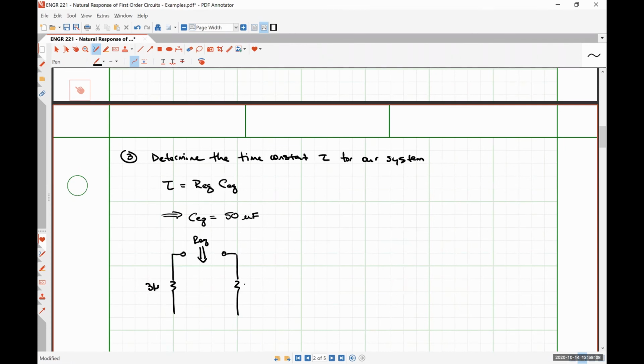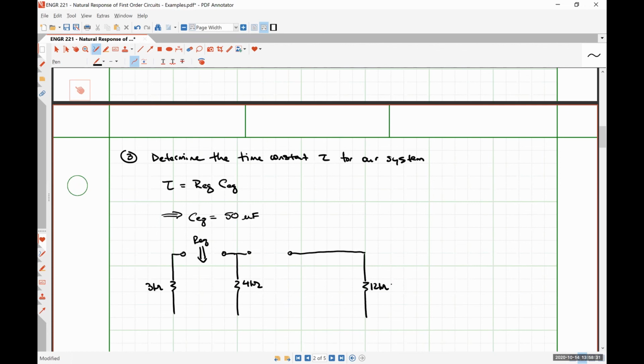Here's my 3 kiloohm. Here's my 4 kiloohm. My switch is opened because we're during the transient condition. I have to turn off my independent sources because we're finding the Thevenin resistance. So by definition, I need to be looking at a dead network.